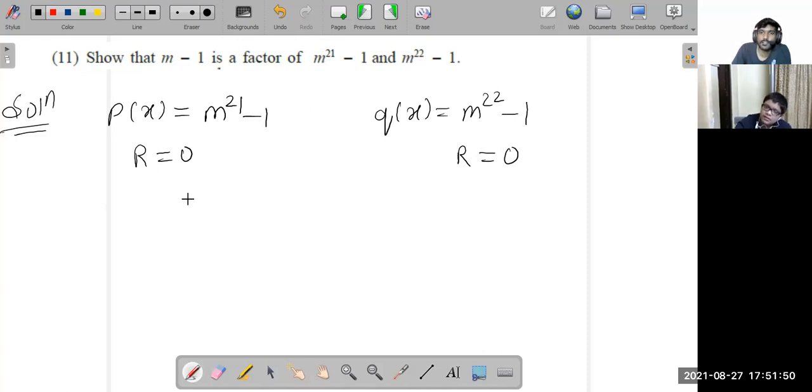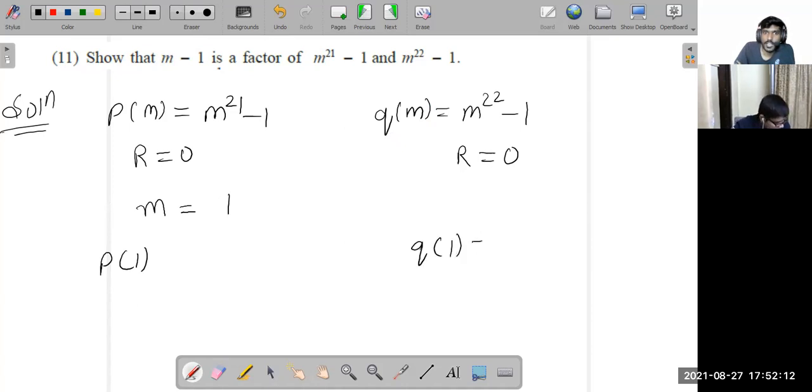You would find the value of the polynomial at m equal to plus 1. Just take this p(m) and q(m). At m equal to 1, you find out the value of p(1) and q(1). If you get 0, then you say that m minus 1 is a factor. If you don't get 0, say it is not a factor.